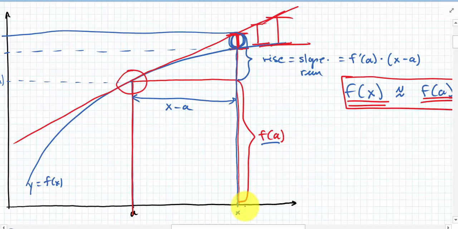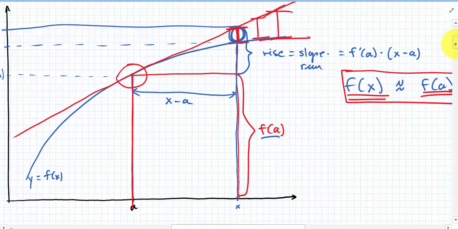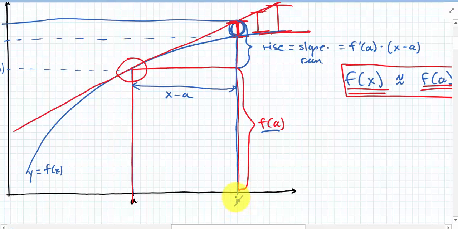Sometimes we also look at another formula that is really the same with different letters. Instead of x, I will call that a plus h.